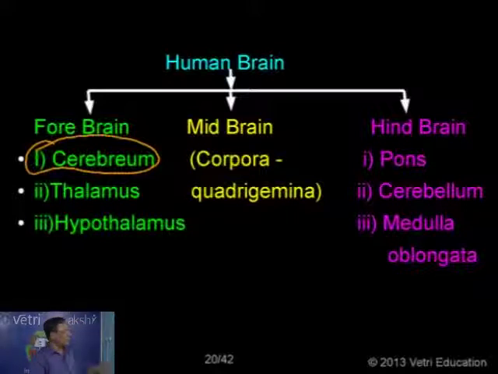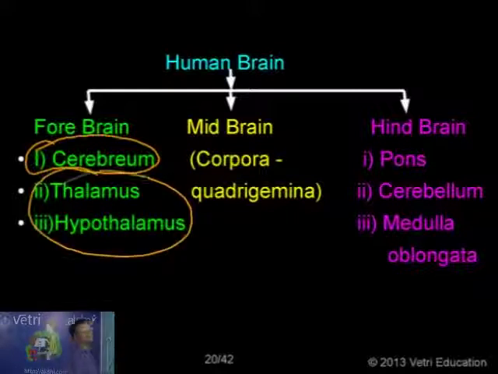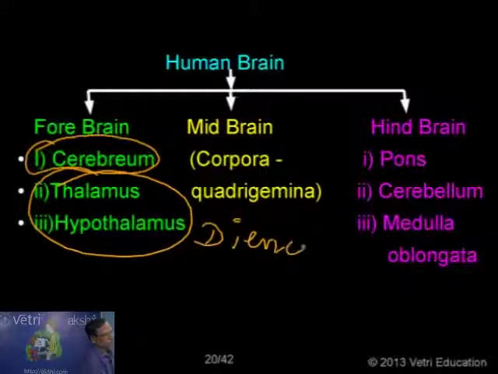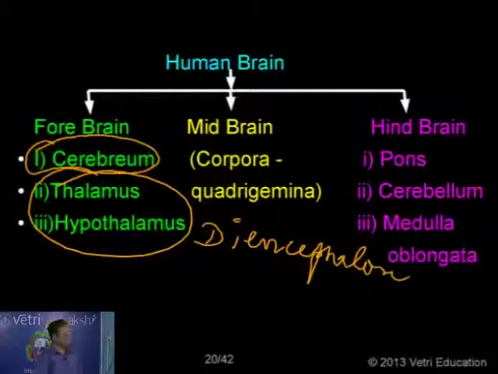So anyway, the cerebrum, then we have two components together, thalamus and hypothalamus, together called the diencephalon. Now the midbrain is formed of four lobes, hence the name corpora quadrigemina, another term used for midbrain.